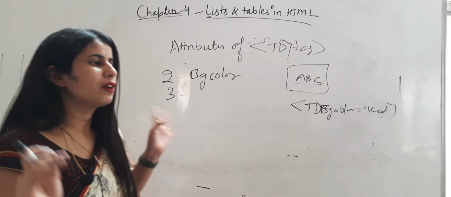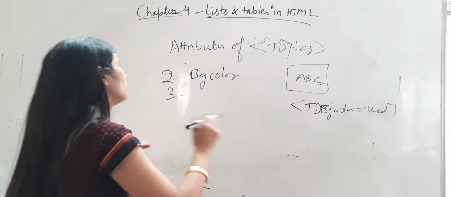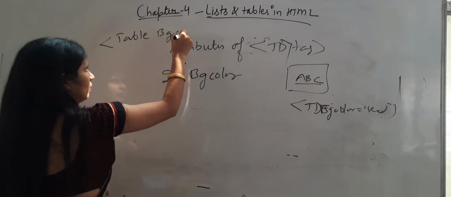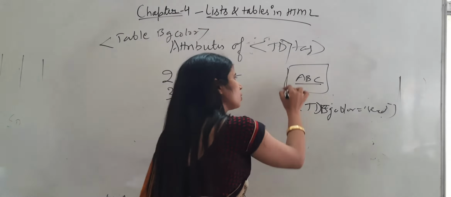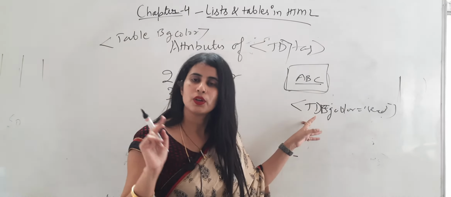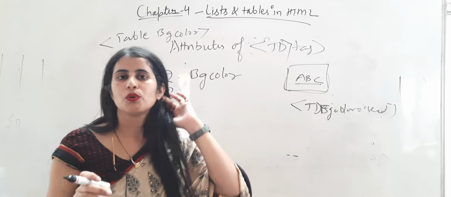If I want to assign the background color to the table, I will use BG color in table. Here I want to assign the background color to a specific cell, so I will use the TD tag, because we know that for every data entry we are using the TD tag.